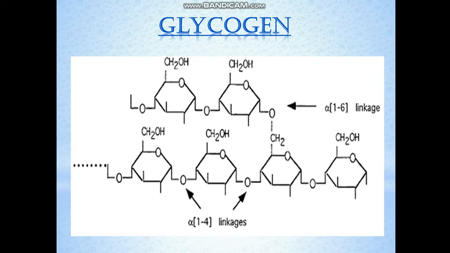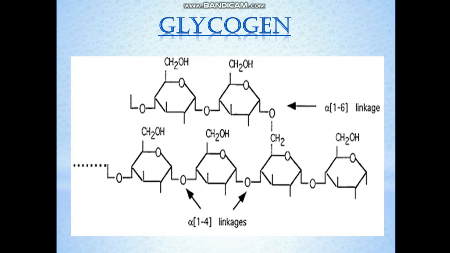Especially in animals and fungi, food is stored in the form of glycogen. Where is the glycogen stored? In liver and in muscles. About 7% of the wet weight of liver is because of this glycogen. Now, two glucose molecules are linked together by an alpha 1,4 linkage.